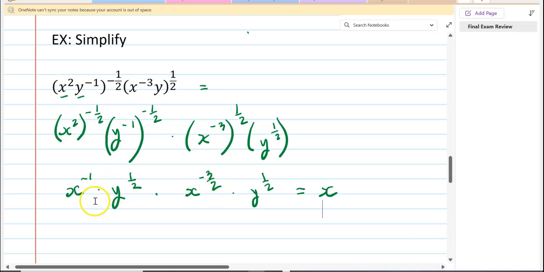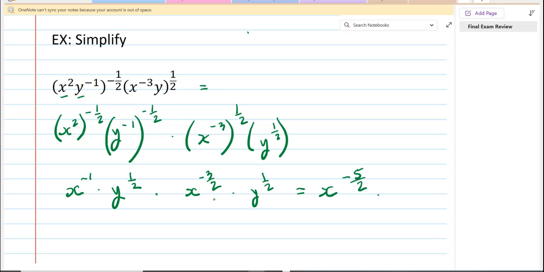So negative 2 over 2 minus 3 over 2, and that would be negative 5 over 2. Okay, so that's the exponent for x. And then y will be y to the half, half plus a half is 1. Okay, so this is the final answer.